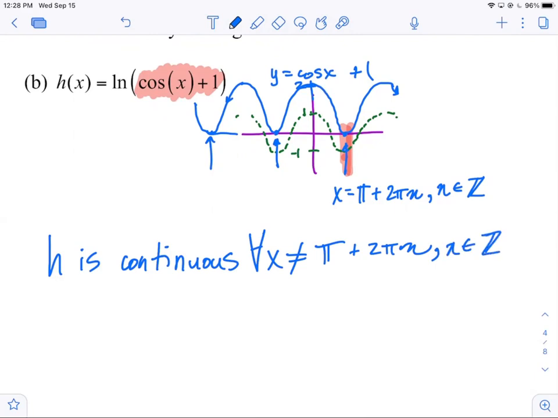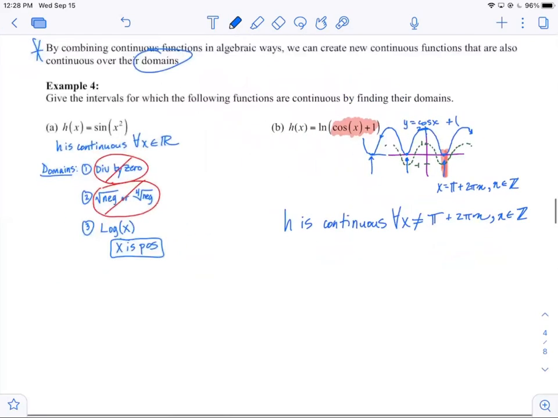Again, I have no idea what the graph of the natural log of the quantity cosine x plus 1 looks like. But I do know that it's continuous on those intervals. There you go. So if you include any closed interval that does not have those as endpoints, it's going to work, as long as it doesn't span another one of those in between those open intervals. Okay? All right, so continuity is an important thing on an interval.